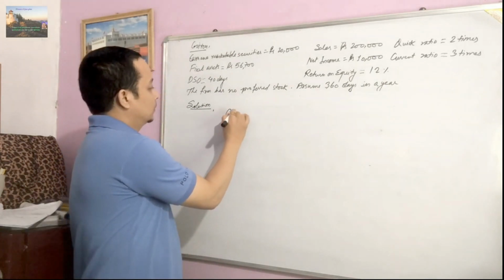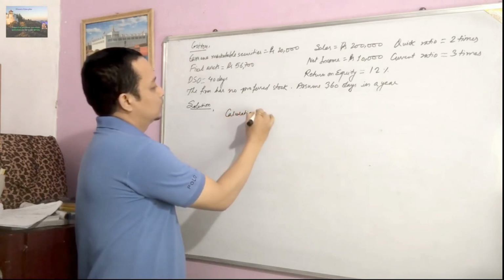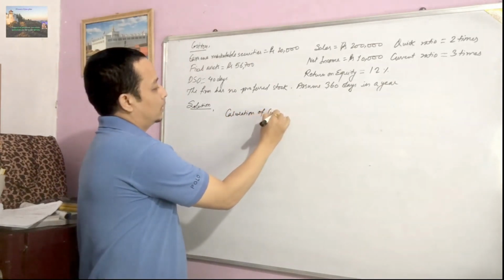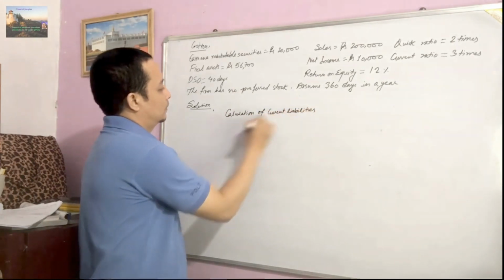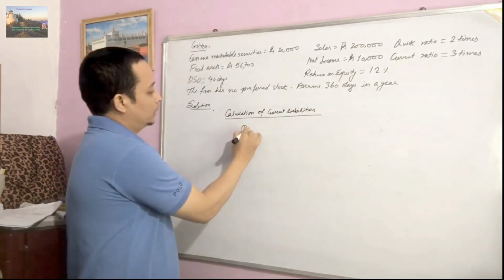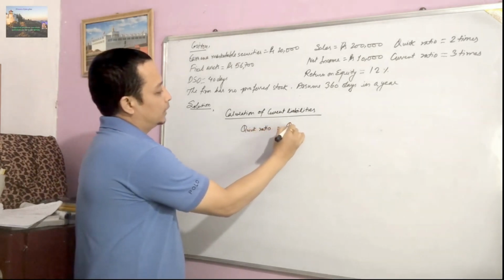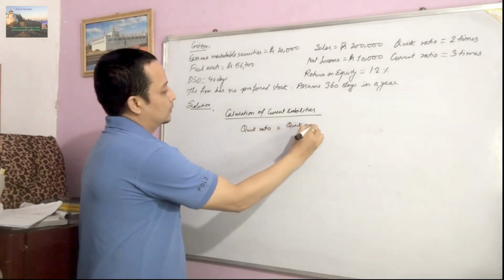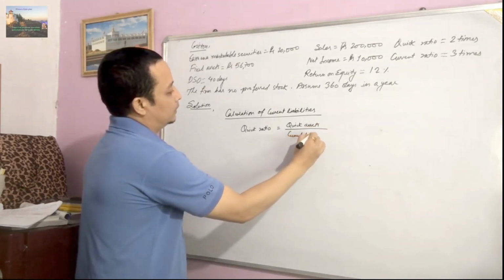Calculation of current liabilities. So for calculation of current liabilities, you use quick ratio. Quick ratio equal to quick asset upon current liabilities.